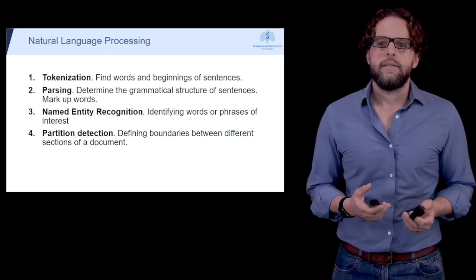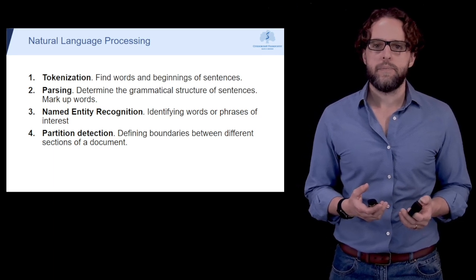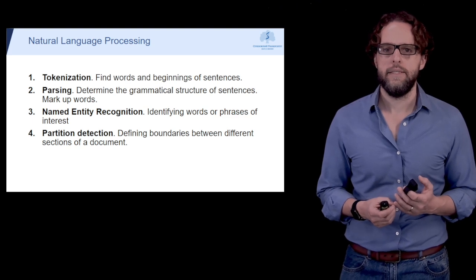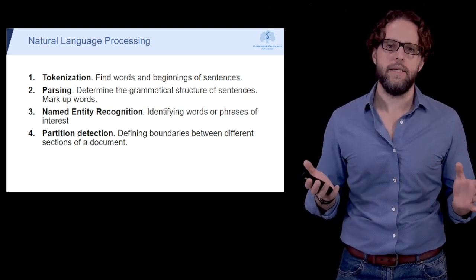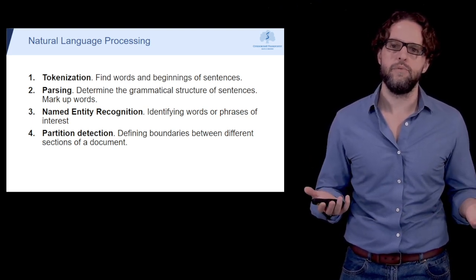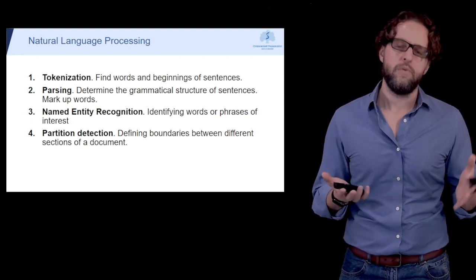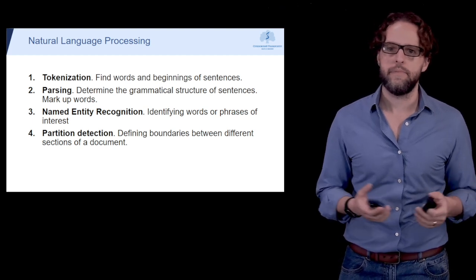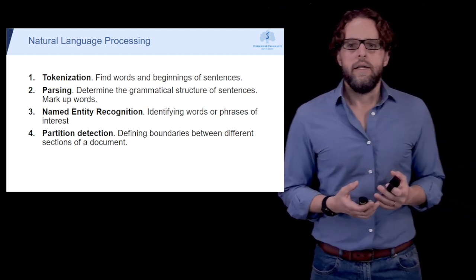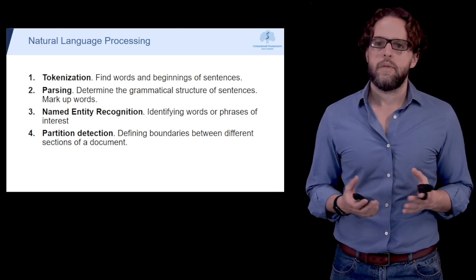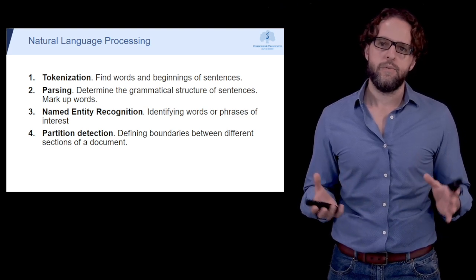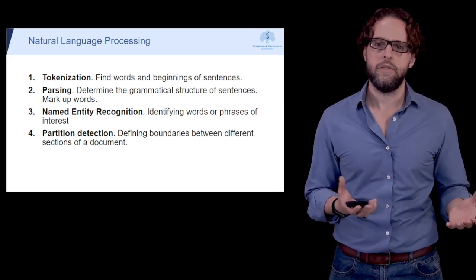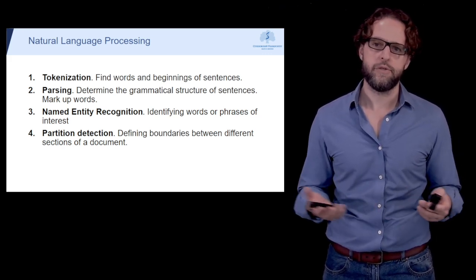Next one is named entity recognition. Words and phrases of interest could be identified as separate entities, and our goal could be to find a certain entity in a text. And these phrases we will be able to categorize and store in our system for future endeavors.